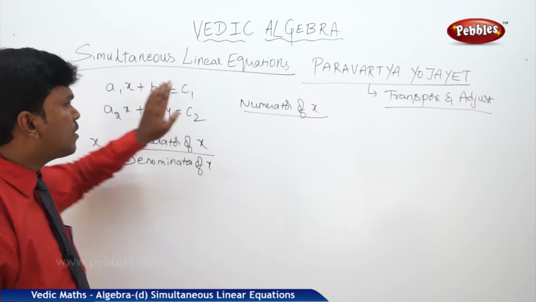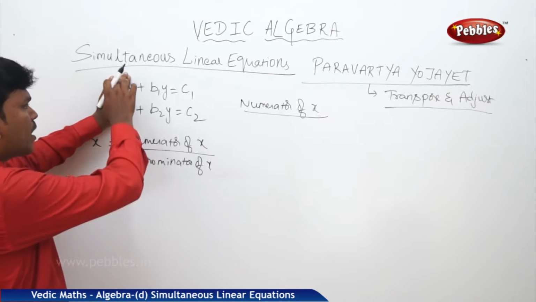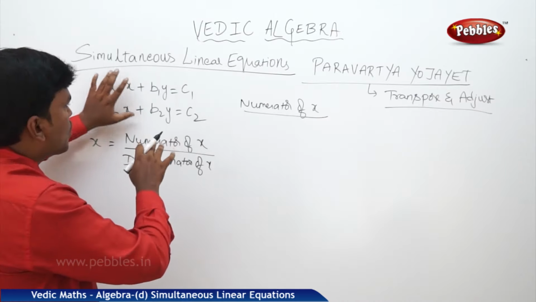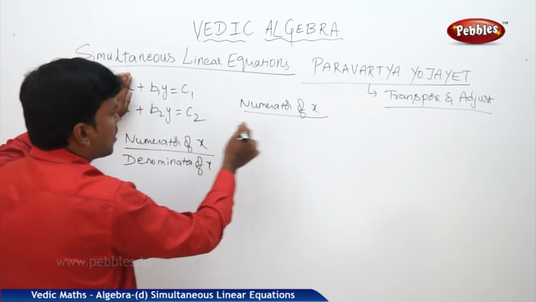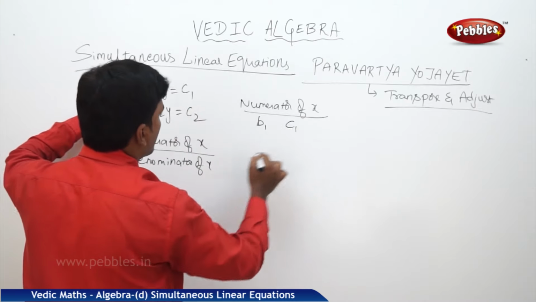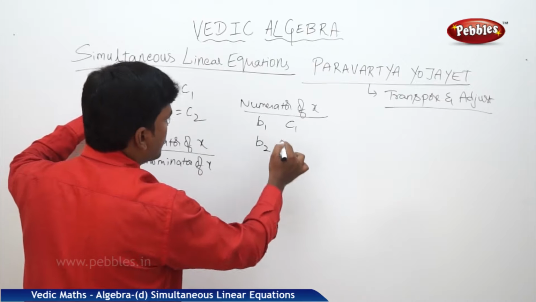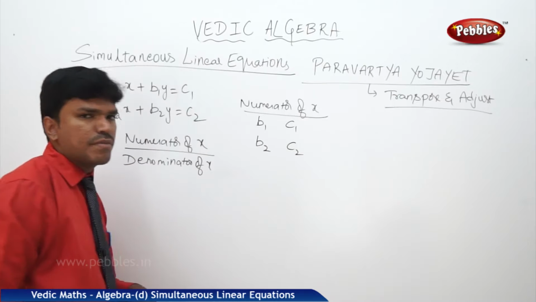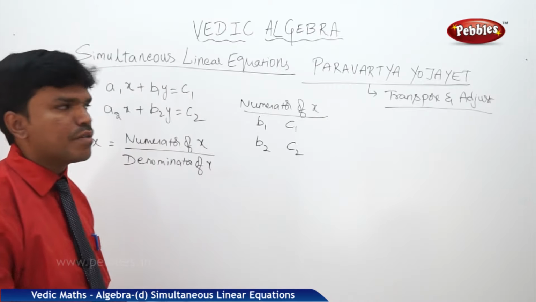Ignore the x terms, ignore the coefficients of x. Now see the remaining terms. The coefficient of y is b1 and the constant term is c1. In the other expression, the coefficient of y is b2 and the constant term is c2. So b1 c1, b2 c2 are the remaining terms.